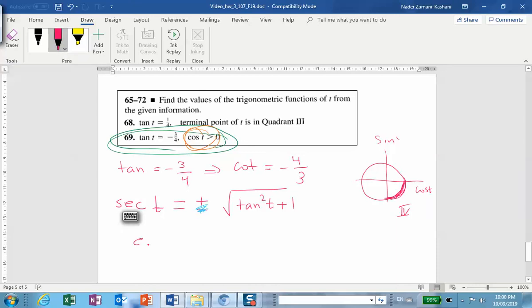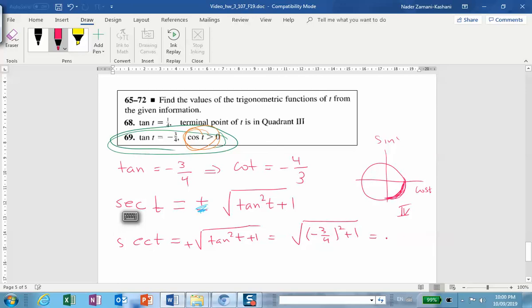So we have secant of t is equal to plus, I'll just write it, plus the square root of tangent squared t plus 1. And if you plug in the information that's given to you, so we have minus 3 over 4 squared plus 1.